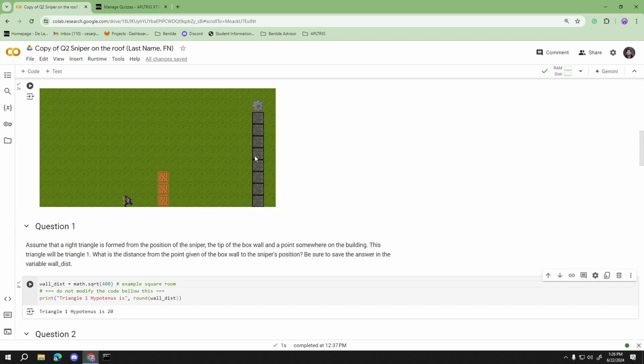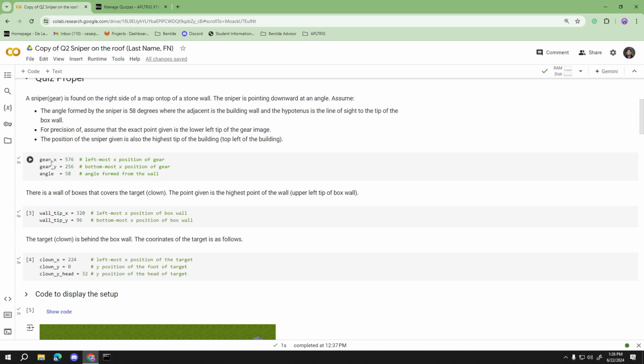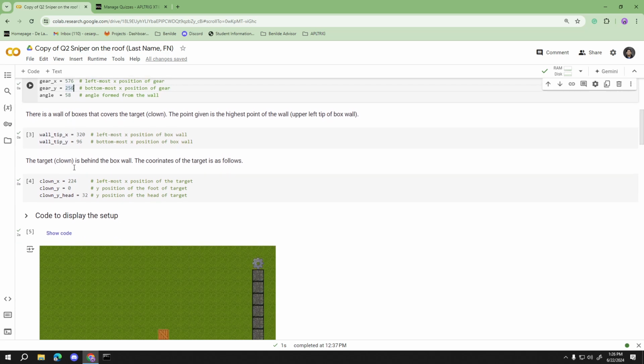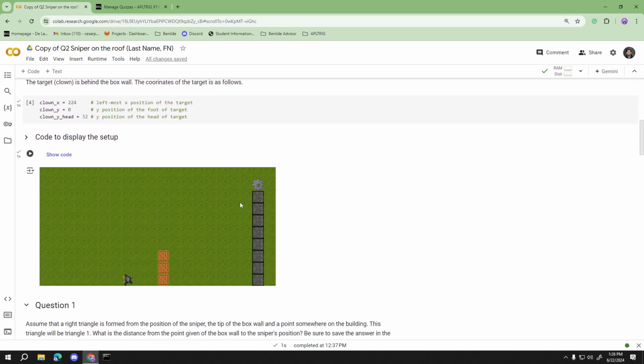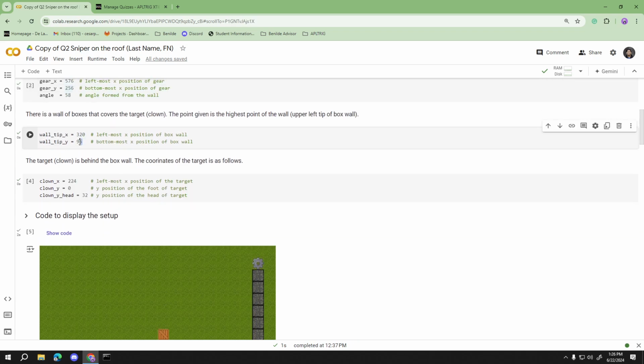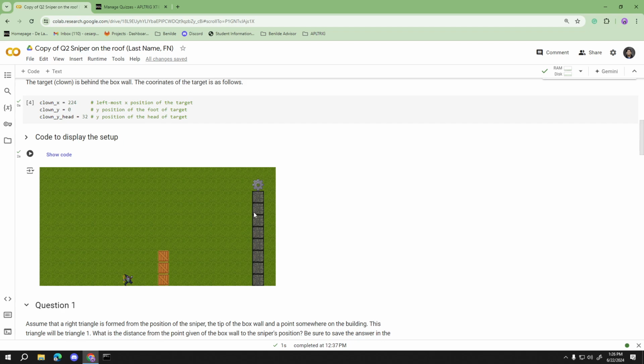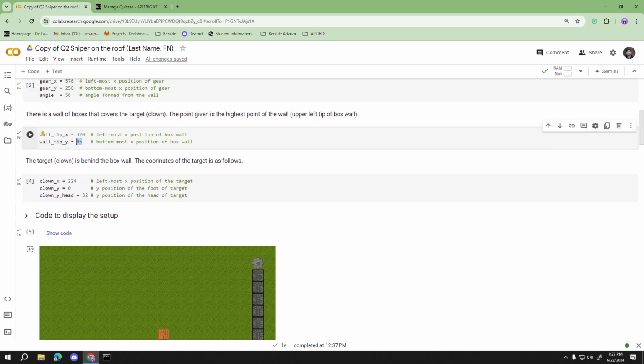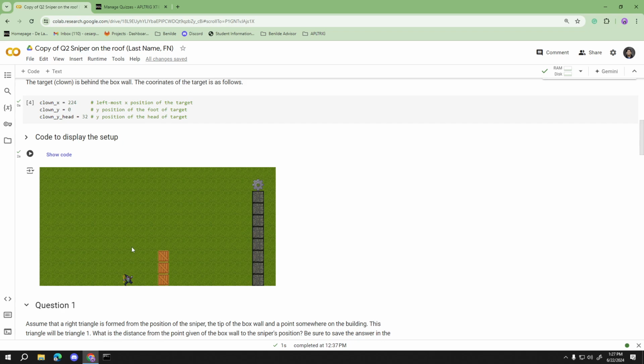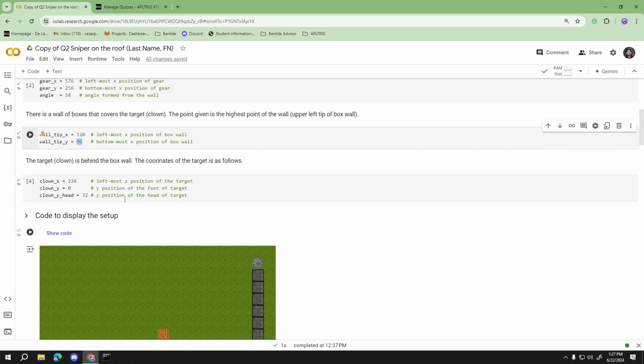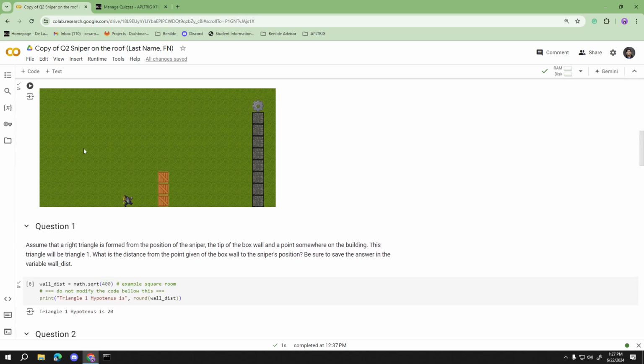We have the height of this, which is gear Y, 256, and we also have the height of the wall. For the X, we have the X value here, 576, and for the box wall, we have an X of 320.